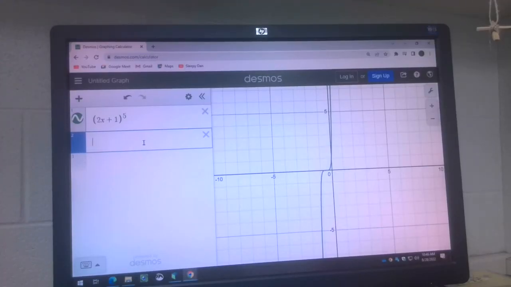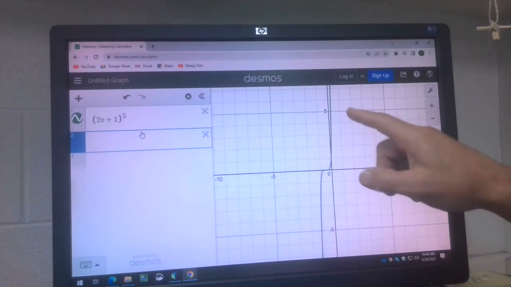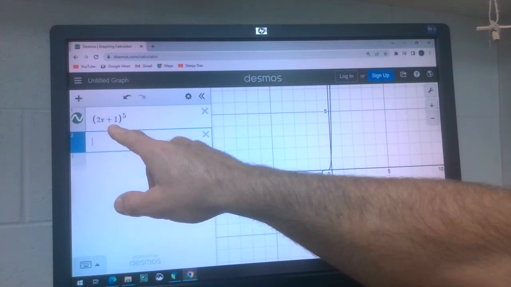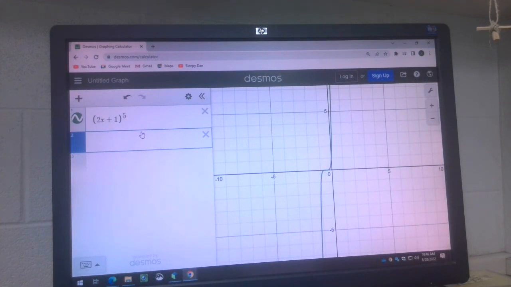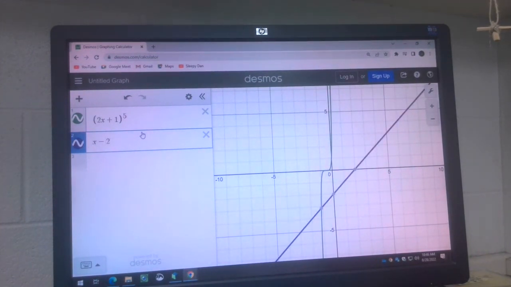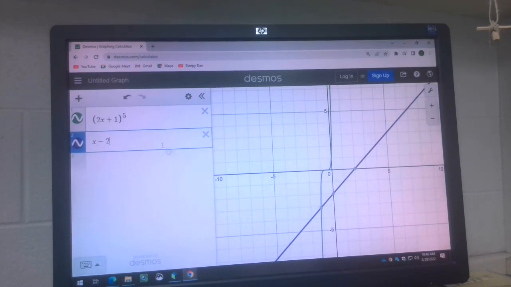Okay, so what you see is I've typed in the left-hand side of the equation that I just had up on the board, quantity 2x plus 1 to the 5th power, and I graphed it. Now I'm going to type in the easier side, which is just x minus 2. And all you have to do is hold your cursor right over there, and there's your answer, -1.128, comma, -3.128.